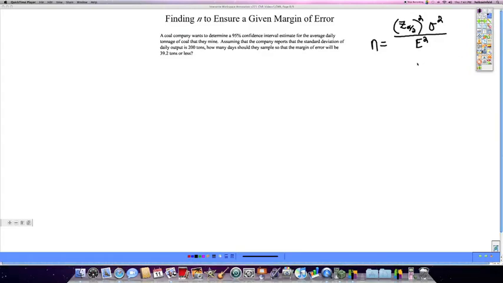This will begin our fourth type of example problem. This is a problem where we are asked to find the sample size that will ensure a given margin of error. The formula that we use for this type of problem is here in the upper right hand corner of the page. These problems are pretty straightforward.